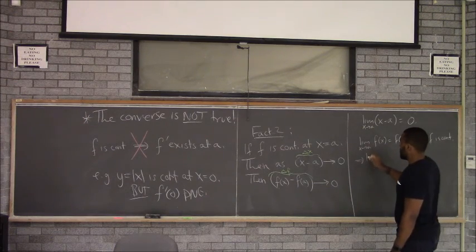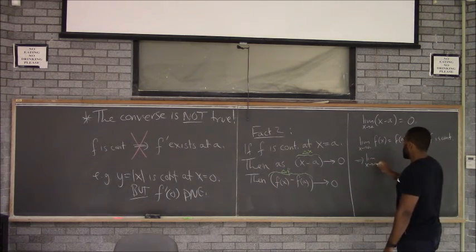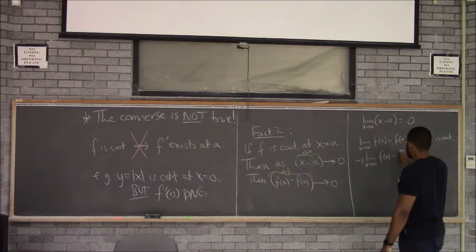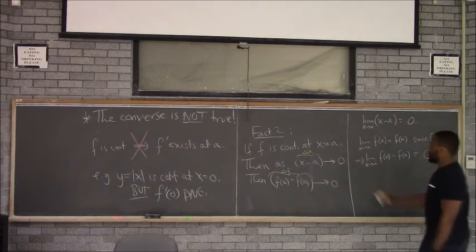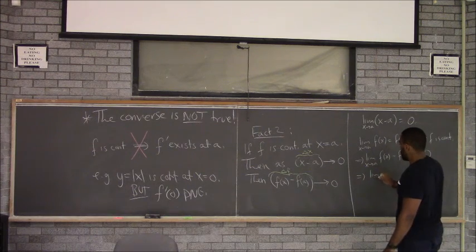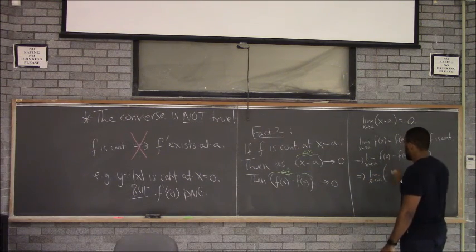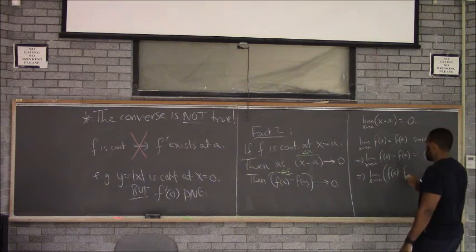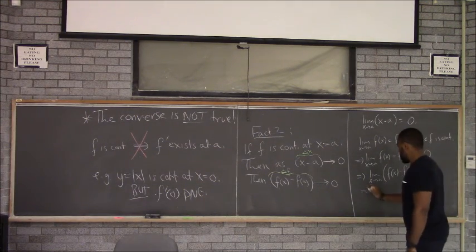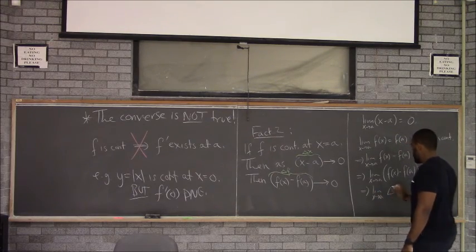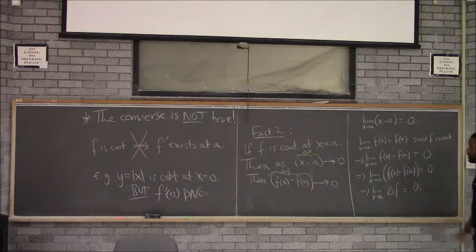This means that the limit, move it to the other side, will be 0. This automatically means the limit as x approaches a of your delta f equals 0.